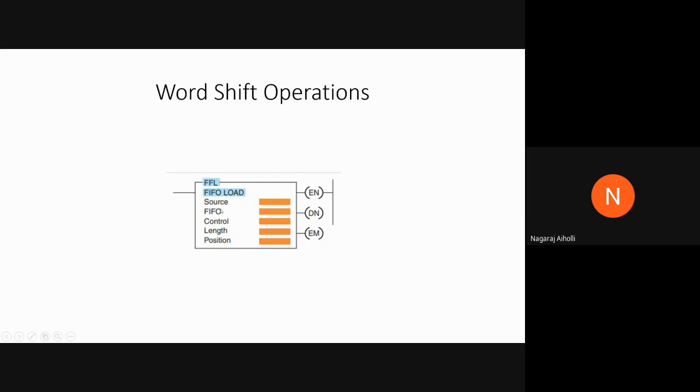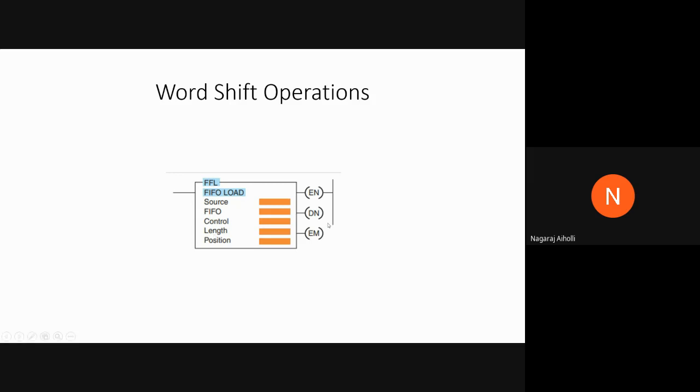What is meant by source? It is the source address from which we are performing the word shifting operation into the destination. Then we have the FIFO, the location from where we are shifting in first in first out direction. Control contains the status information.